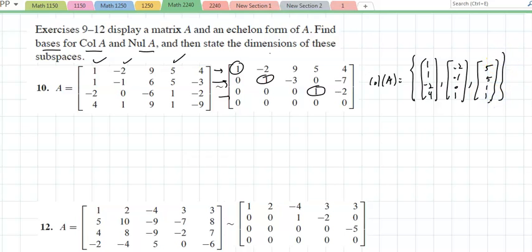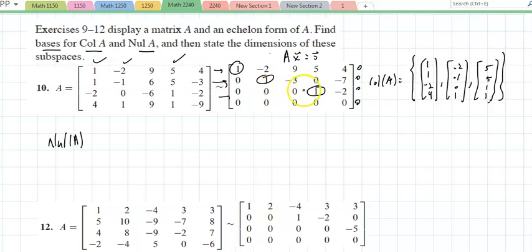And if we really want to get the null space, the null of A, we need to solve this. For the null of A, I need to set Ax equals 0. So basically, just tack on zeros here and work them out.